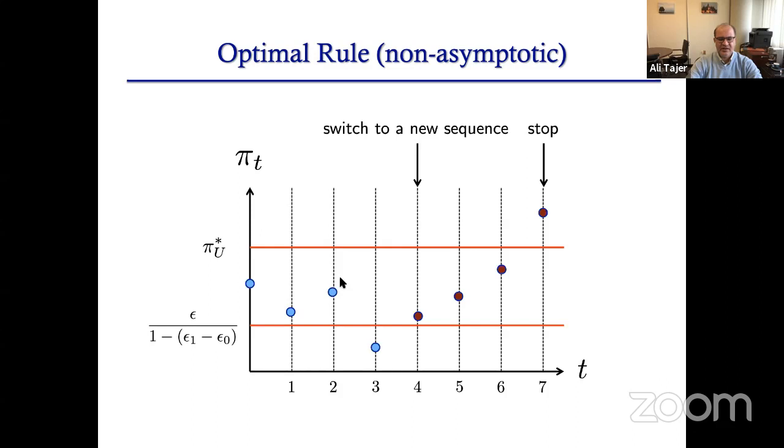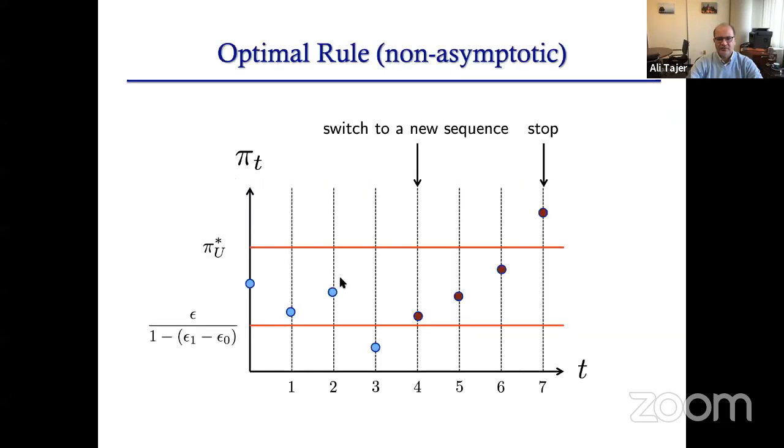As long as we are within a band, we continue taking samples. If we fall below the lower threshold, that's the time that we discard the sequence and start exploring and locking into a new sequence. And the moment that we exceed the upper threshold, that's where we stop the process and declare the last sequence that we have been observing as an anomalous sequence.